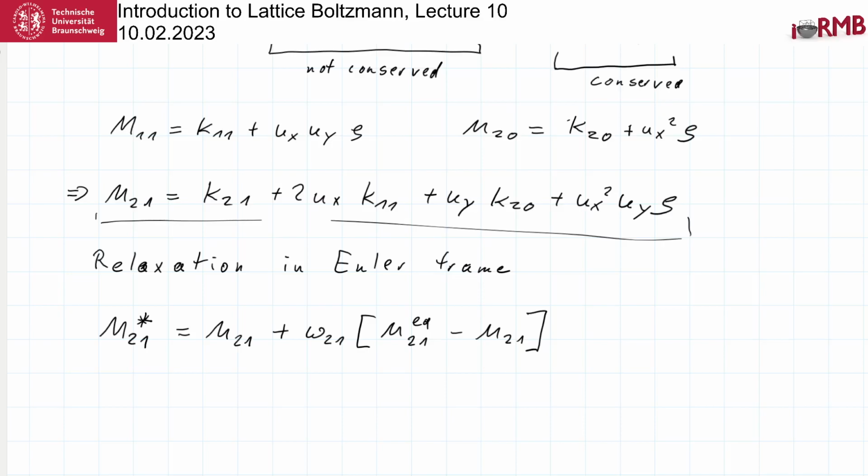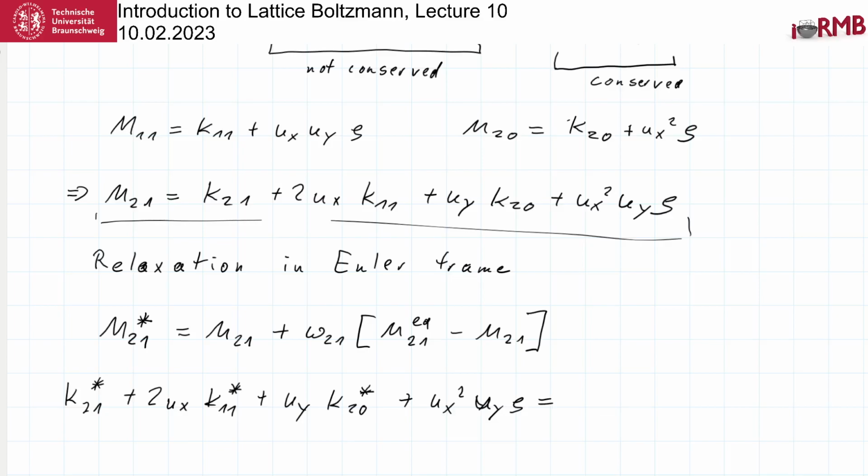On the left hand side we have the post-collision state: K21 post-collision plus 2ux K11 post-collision, of course, plus uy K20 post-collision plus ux square uy rho; these don't care about pre- and post-collision.